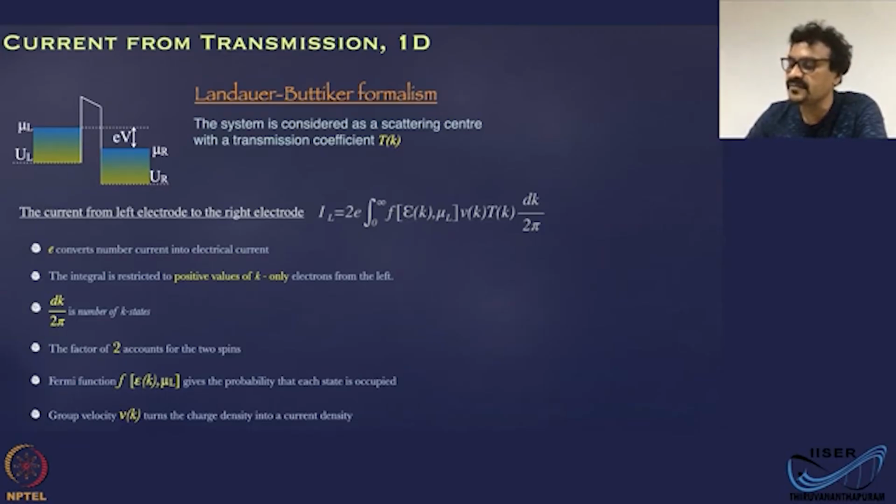What is the number density, how many states are there in the channel, what velocity do these states move at, and what is the transmission coefficient for these states? It is integrated over all the positive values of k, because it's a one-dimensional transport and we are considering left to right. When you consider right to left, you have to consider all the negative values, or you put a negative sign. That's what this formalism is.